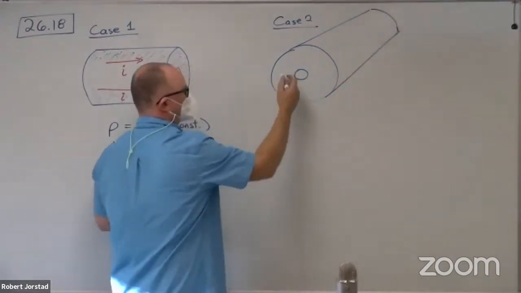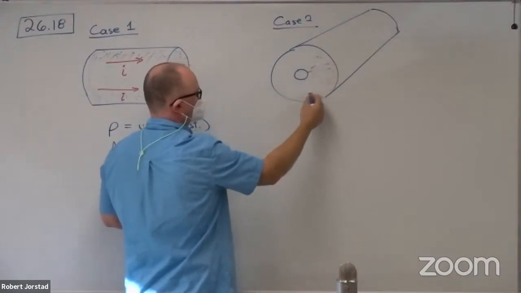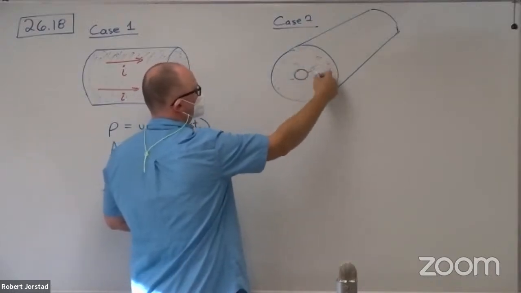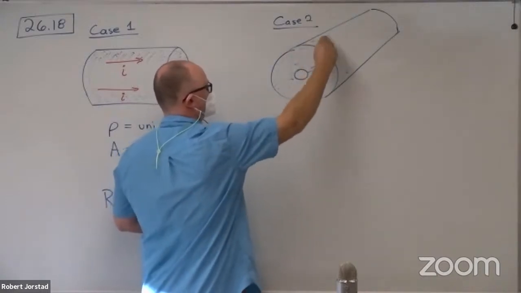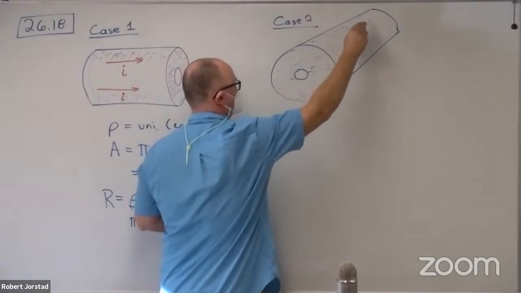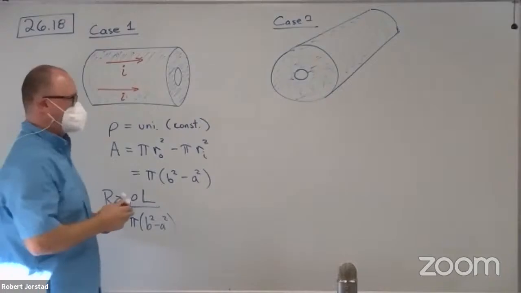So this is where the material is. That's the sidewall, right? Current is flowing radially outwards.